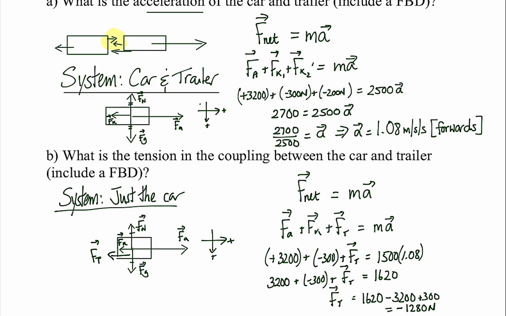I think that's right. Let's just check it. 1620 minus 3200 plus 300 is negative 1280 newtons.